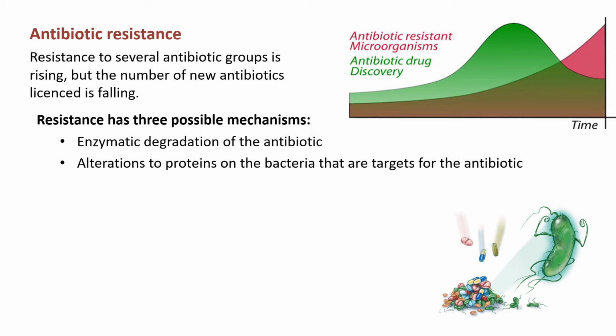If we have a slight difference in a particular receptor that this antibiotic uses, that antibiotic may no longer bind and therefore it can't be effective. And possibly changes in the membrane permeability to antibiotics, depending how that antibiotic works.